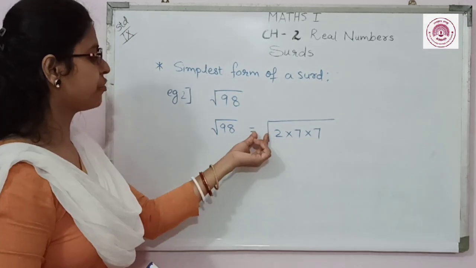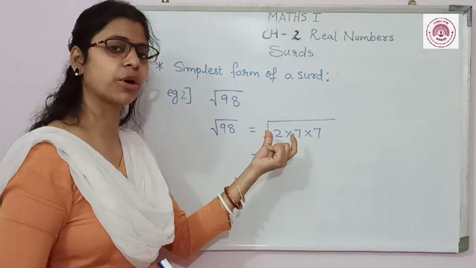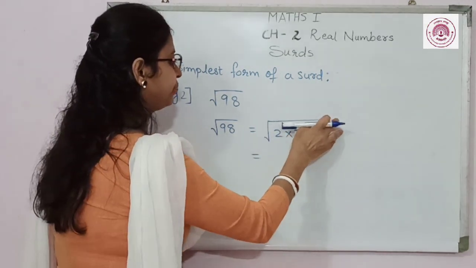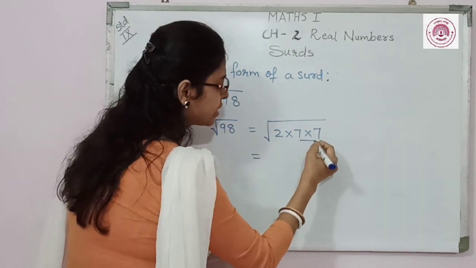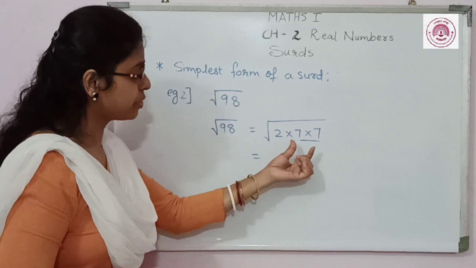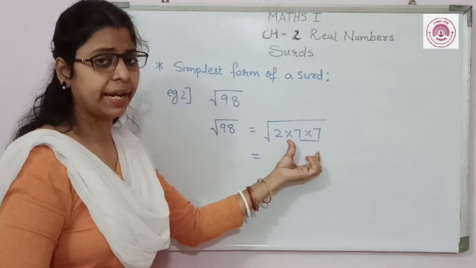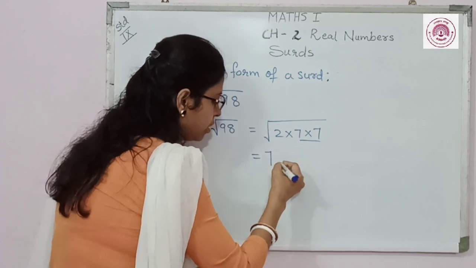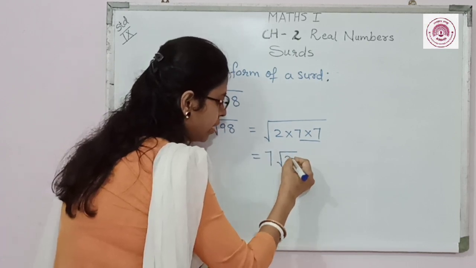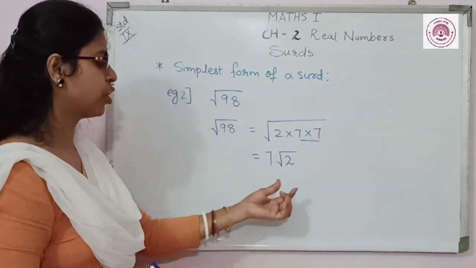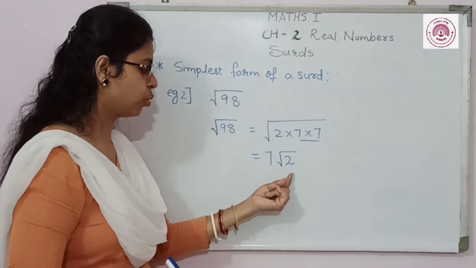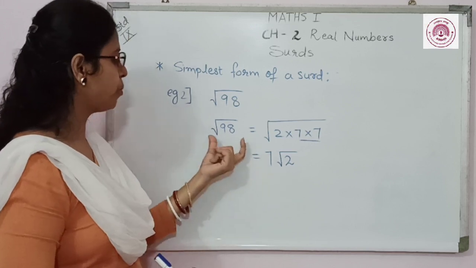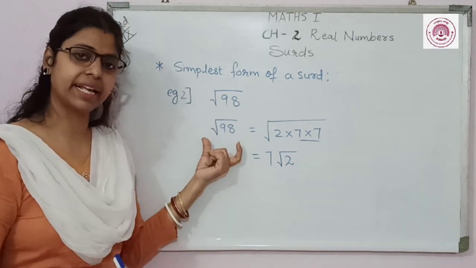Okay, what is the order of it? 2. As I said, we are going to learn only quadratic surd this year. Okay, so here we have a pair of 7. So from this pair of 7 we have to take down one 7. So let it take out 7. Inside the radical sign we will have 2. So 7 root 2. So this is the simplest form of root 98.